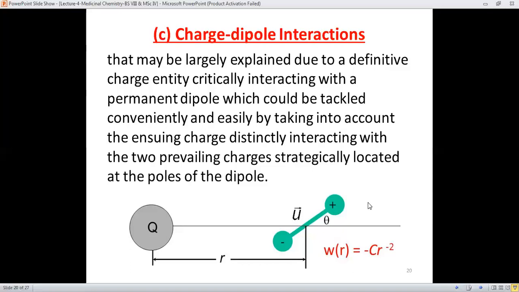There is r, the distance between them, and how it will interact with this dipole will be decided by the charge quantity and the distance between them.